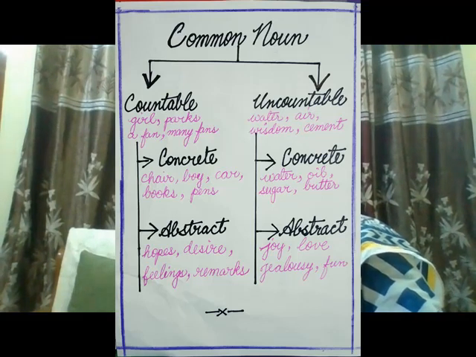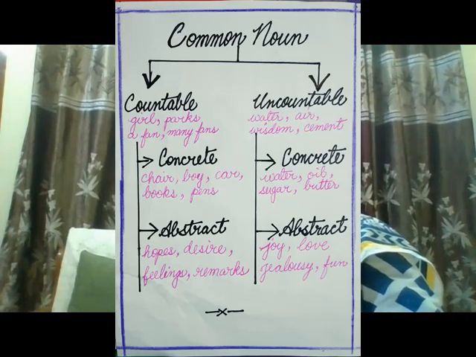Then you will see uncountable abstract noun. What is an abstract noun? You already know that it is an idea and concept we cannot see and touch. Therefore, we cannot change its form from singular to plural. I'll give you a few examples: joy, love, jealousy, fun. Love is a noun. If we add s there, it will become loves.